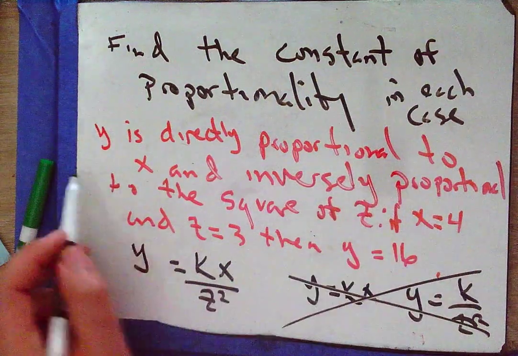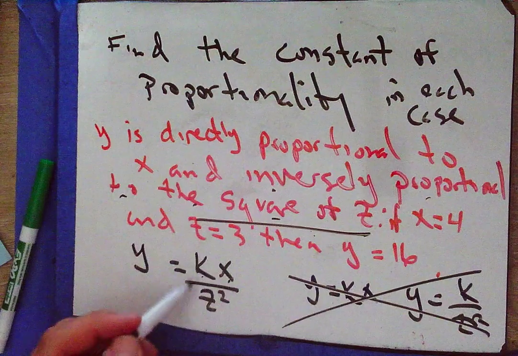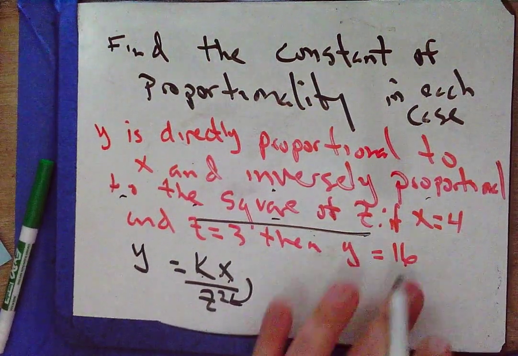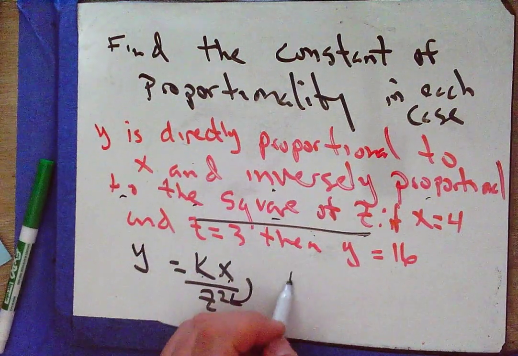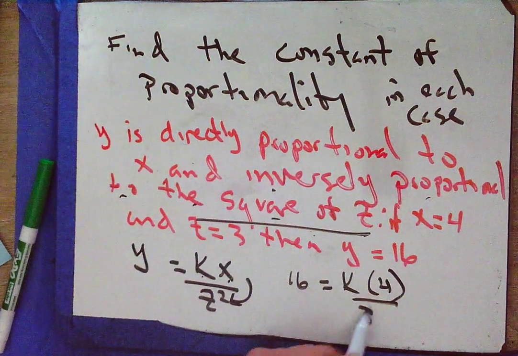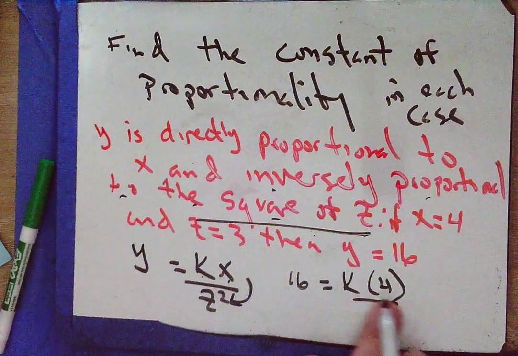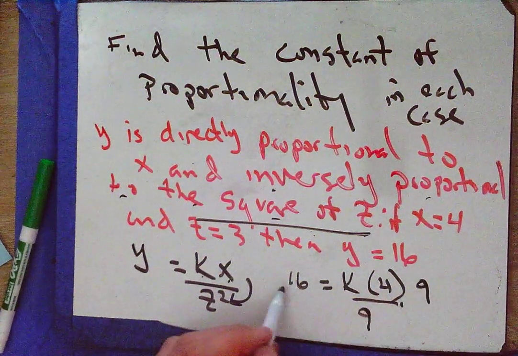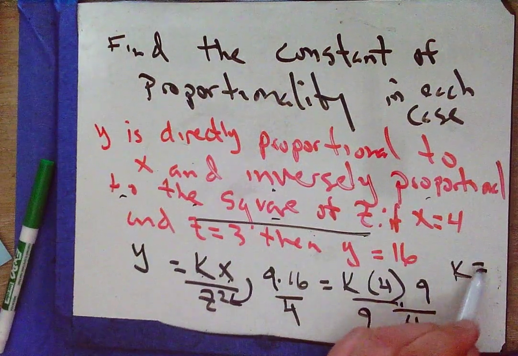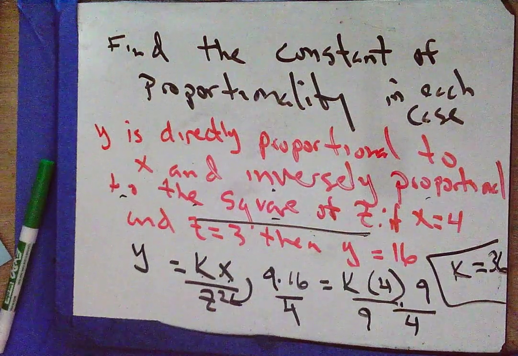Y is directly proportional to x, kx, and inversely proportional to the square of z, so we know that goes on the bottom. If x equals 4 and z equals 3, y equals 16. 4, 3 squared, so that's going to be 9. I'm going to multiply both sides by 9, divide both sides by 4, and I end up with k equals 36. That's all we were asked to find, so that's all I'm going to find.